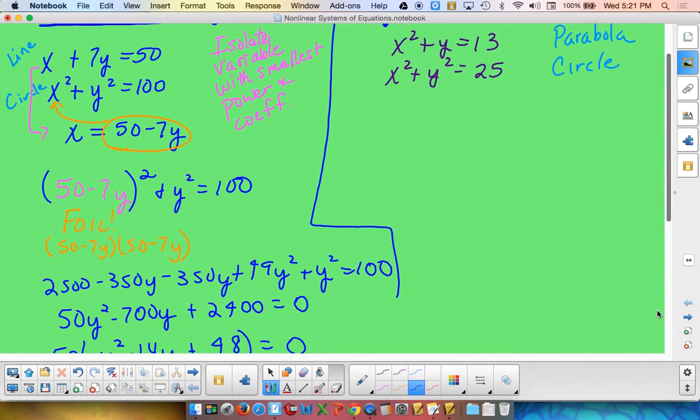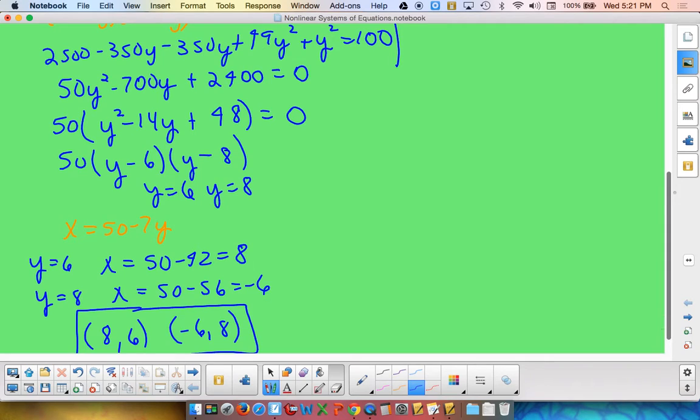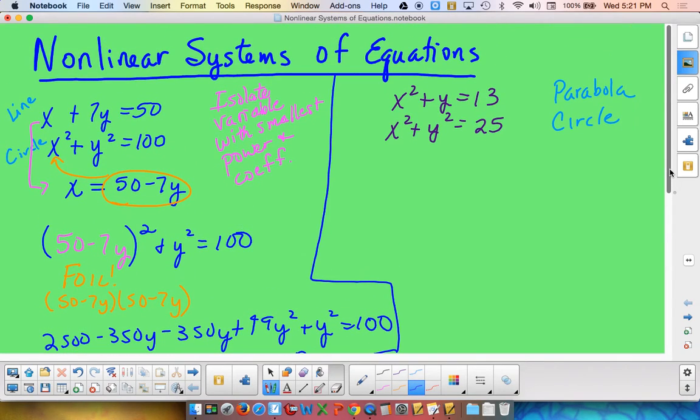Okay, our second problem, we'll see if the algebra reduces any. The second one, we decided we could do elimination because we see that we actually have 2 x squareds in there, and so we can make the x squareds eliminate. Consequently, if I'm going to do that, I'm thinking I'll take the top one times a negative 1 and get my x squareds to eliminate.